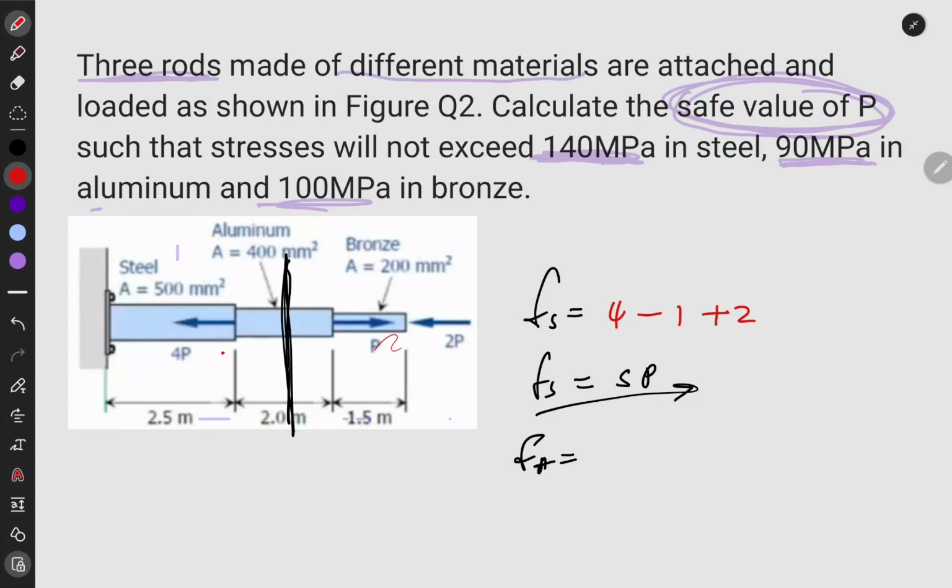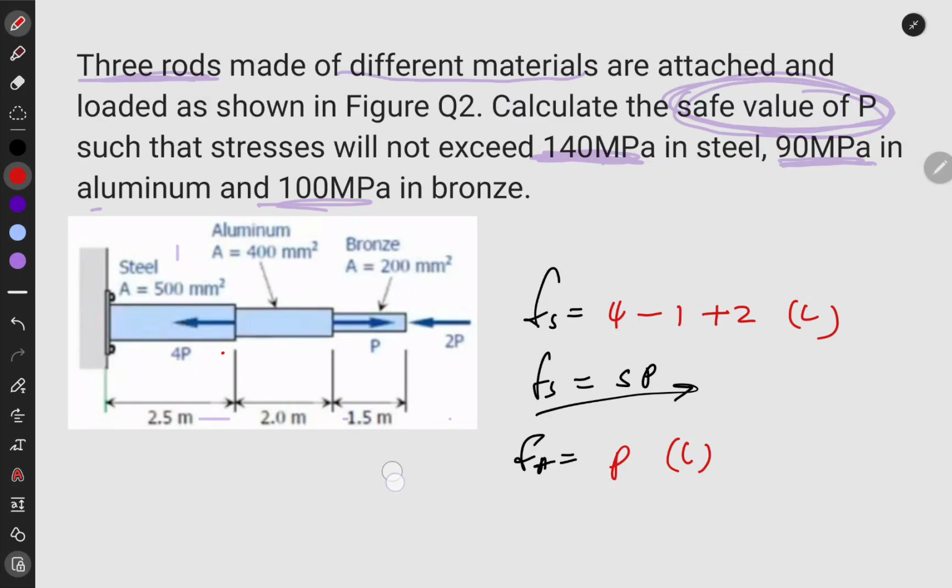I have a P going this way, a 1. I have a 2 going this way. So that means I'll end up having a 1 going this way. So that is going to be 1 compression. And what was happening here, I also think it was compression. This is 1P, so let me just say P.